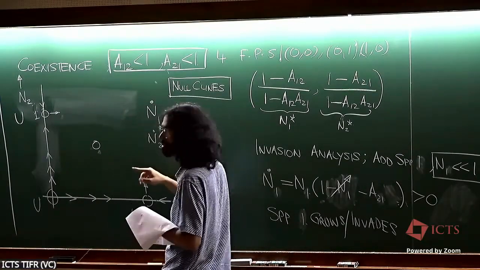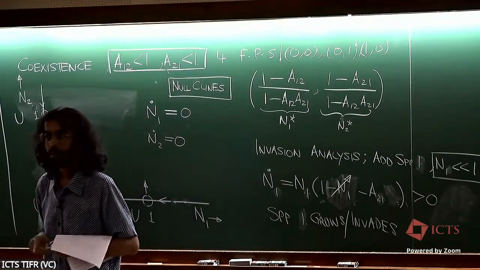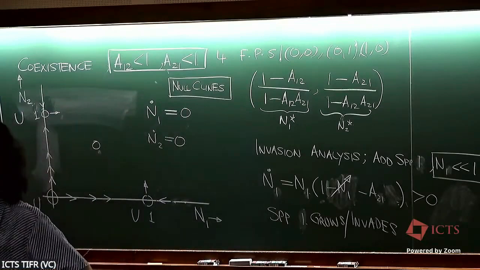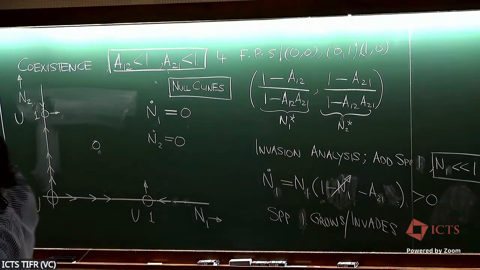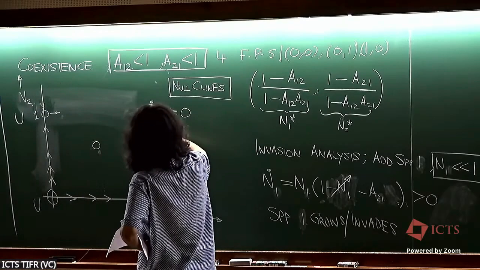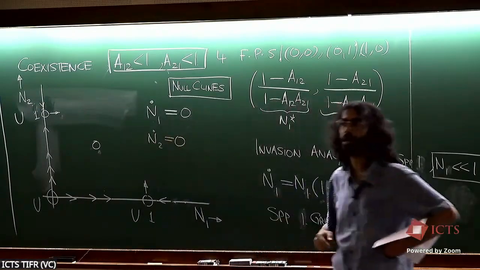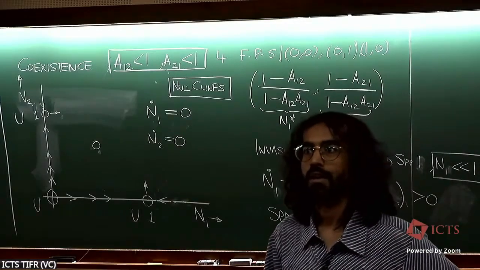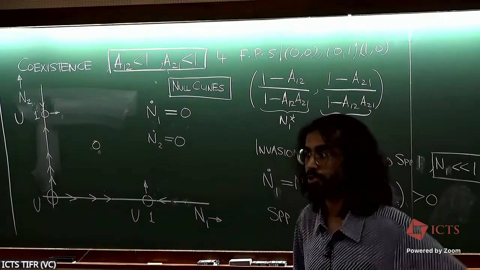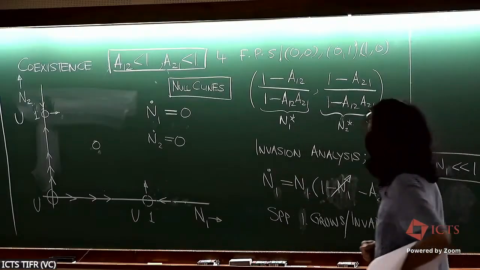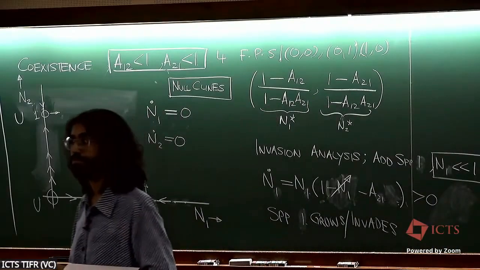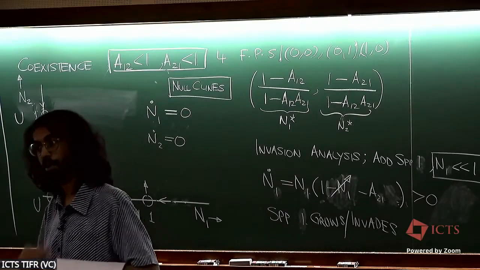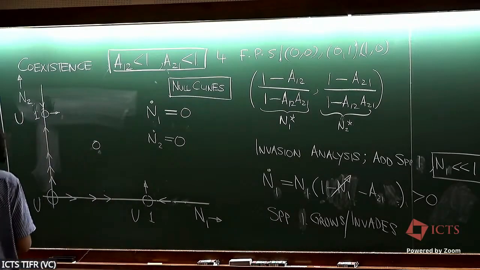It gives us curves. Does it give us one curve? How many null clines are there? How many curves are there that satisfy N1 dot equals 0? Ready? 3, 2, 1. So some people think 2, some people think 3, some people think 4. Maybe talk to your neighbor and discuss.